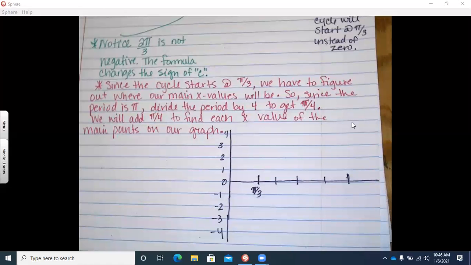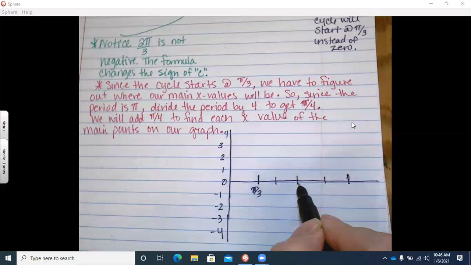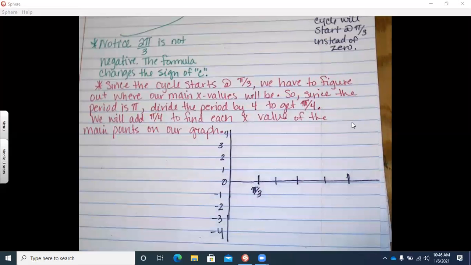So I got to figure out what each of these segments is, because I got to be able to plug it into my table of values and do the math, which we know what the graph's going to look like, right? We already know. But like I told you last class, this is also teaching you how to solve trigonometric equations, okay? So it's not just memorizing what the graph looks like, it's also knowing how to solve the equations.